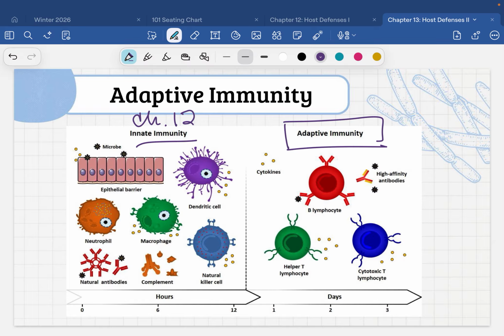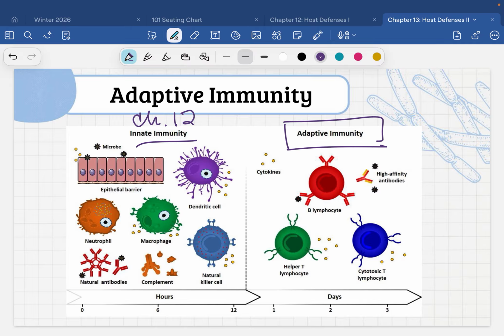And it's important to remember that most things don't make it past those first two lines of defenses. The vast majority of bacteria and microbes that you come in contact with every day are stopped by those first two lines of defenses. But if those two lines fail, and they do sometimes, there are bacteria that are smarter than us, and viruses that are smarter than us. If something makes it past those first two lines of defenses, the adaptive immune system is what will kick in.